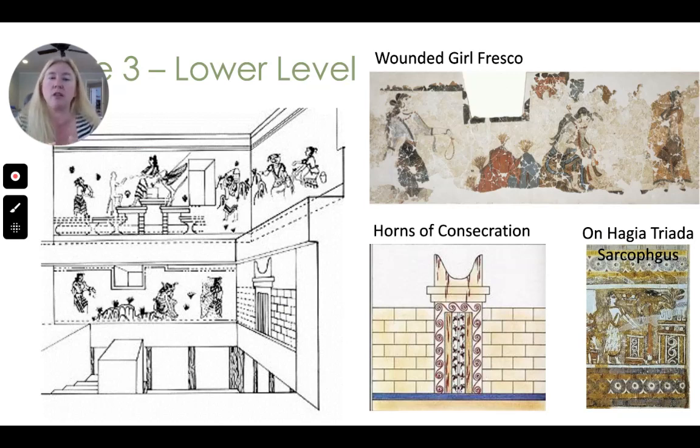You're always looking at, oh, I've seen horns of consecration over here, so maybe it meant XYZ, maybe the same as over here. Oh, I've seen blue heads somewhere else. So we're looking for all of these small symbols and small cues that we can then use to put the entire thing together.